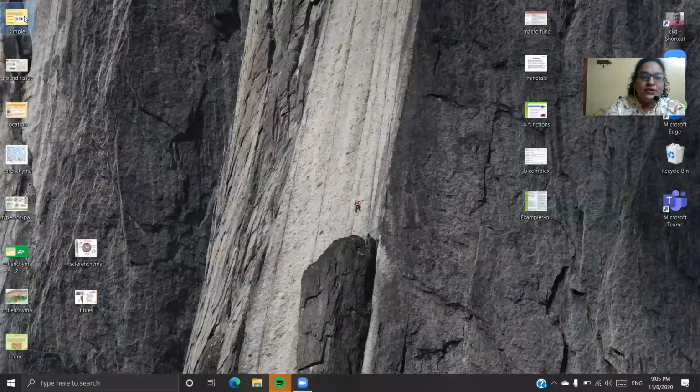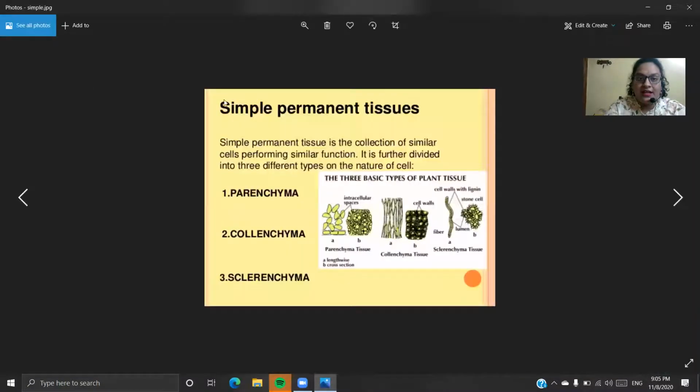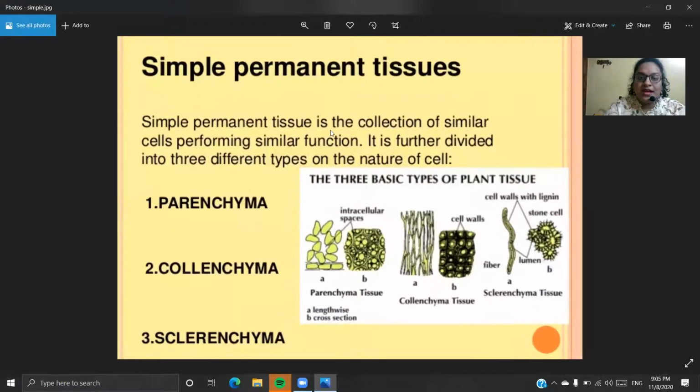Okay, so I'll be entering into my topic, children. Let me introduce you to this particular thing. So the simple permanent tissues that we are going to see are these. Why are we calling them simple permanent? What are permanent tissues? The tissues which have lost the virtue of division are called permanent tissues. And these are of simple types because simple in the sense they have only a single type of cells.